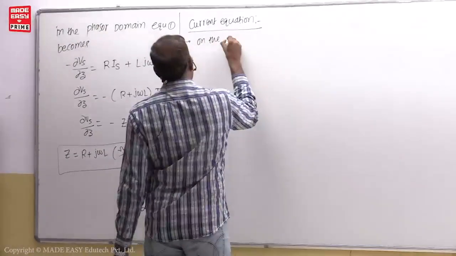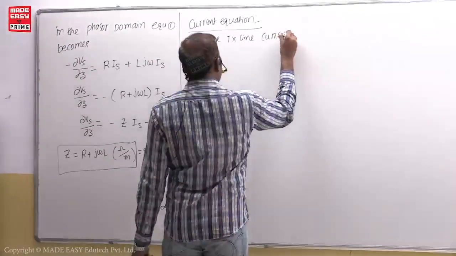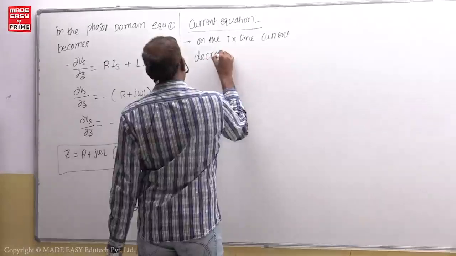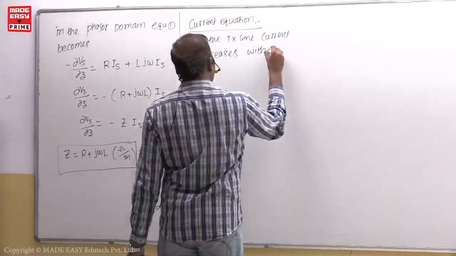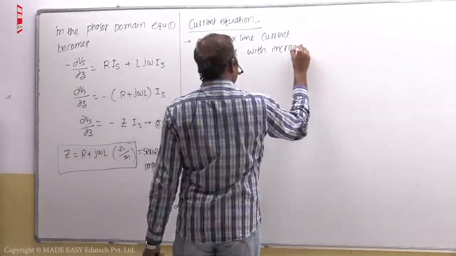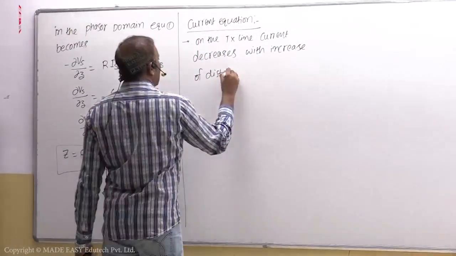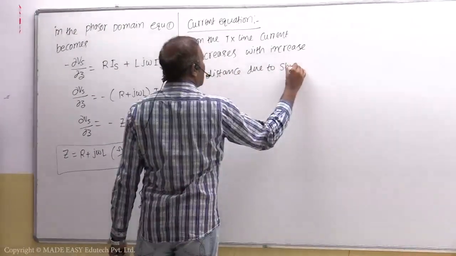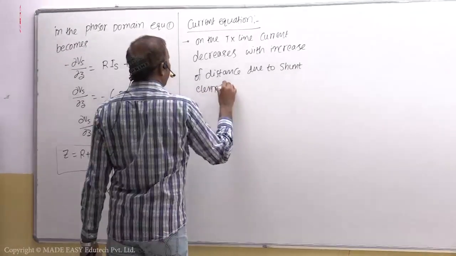On the transmission line, current decreases with increase of distance due to shunt elements.